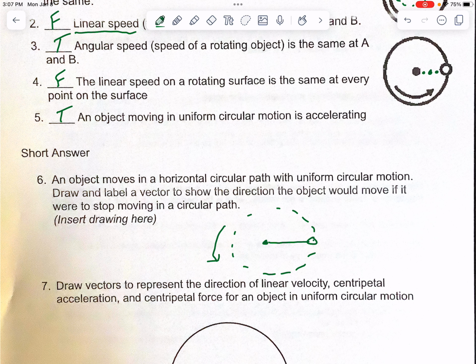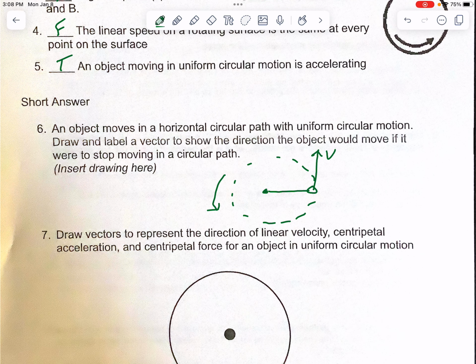That means velocity would keep going tangent to that circle. Think about a slingshot, or the tubing we talked about in class. If you were to fall off a tube behind a boat in a circular path, which way would you go? You're not going to keep going in a circle. You're going to go straight in the direction you came off the tube. That would be your answer for number 6.